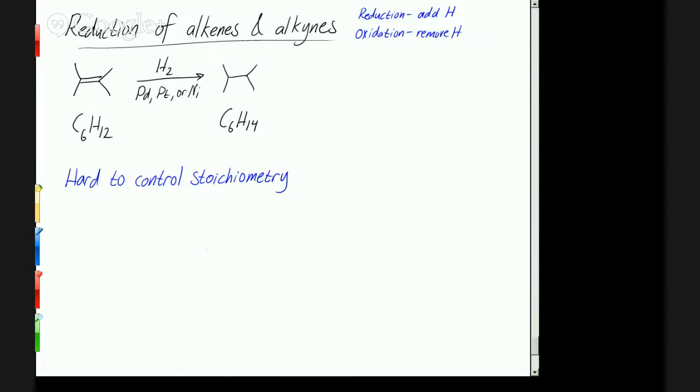So what do I mean by that? I mean that if you have a molecule with, let's say, a few different double bonds in it, and you go to hydrogenate it, you can't really just pick one to reduce. So the whole thing is going to get reduced together.